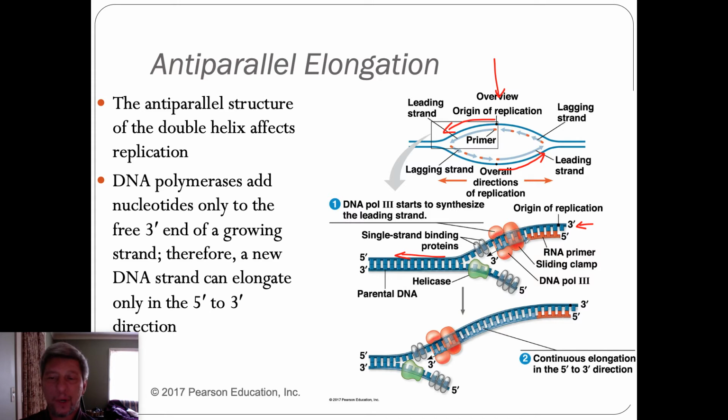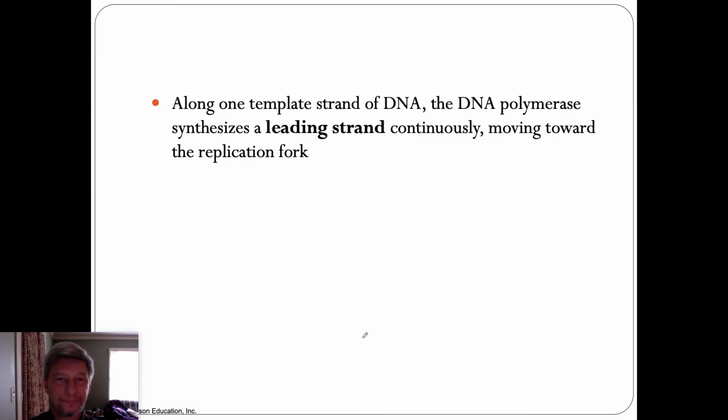The DNA polymerase is coming behind the helicase and adding DNA nucleotides after the RNA primer has been added by primase. And so this is a continuous direction. So what we're looking at in this position is essentially this right here, with helicase, binding proteins, and RNA polymerase in this case.